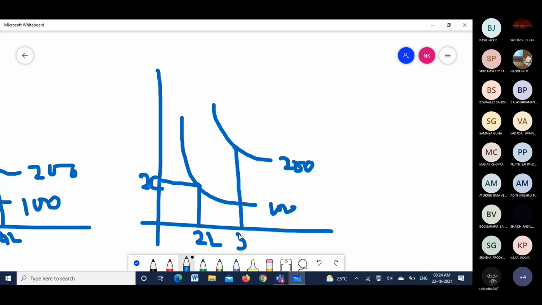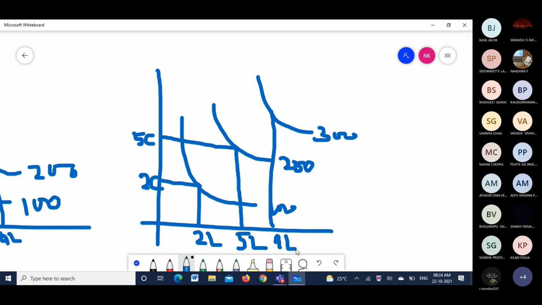So here it is 5 units of labor and 5 units of capital. For the next 100 units, you should use 9 units of labor and 9 units of capital. So what is the meaning?